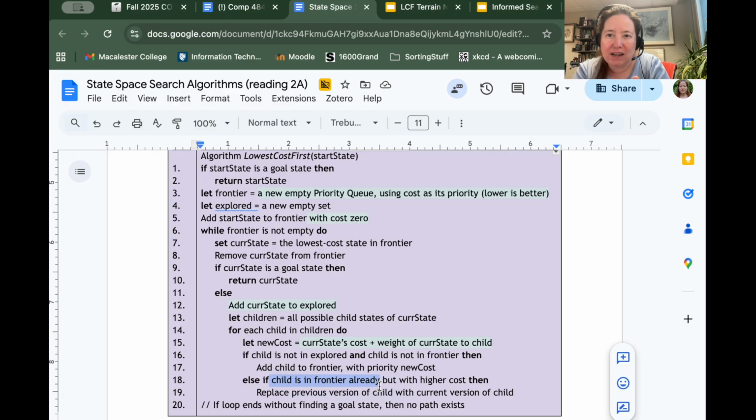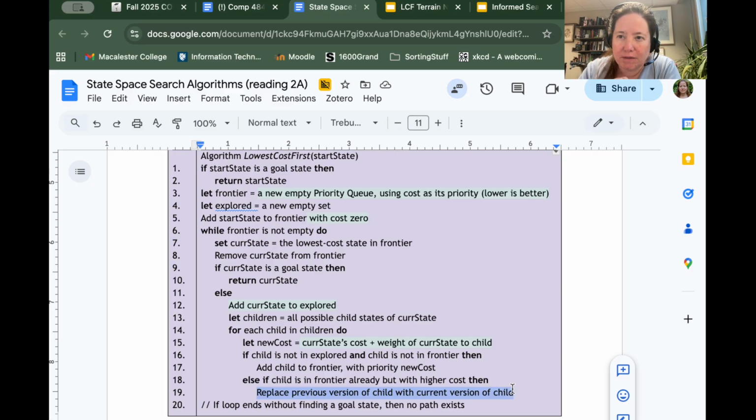On the other hand, if the child is in the frontier, but it has a higher cost than our new path, what that means is our first way that we found to get to that state, it's not the best. We've found a shortcut, and we want to replace the one with the other. So that's what we do right here. We replace the version of the child with the current version of the child.